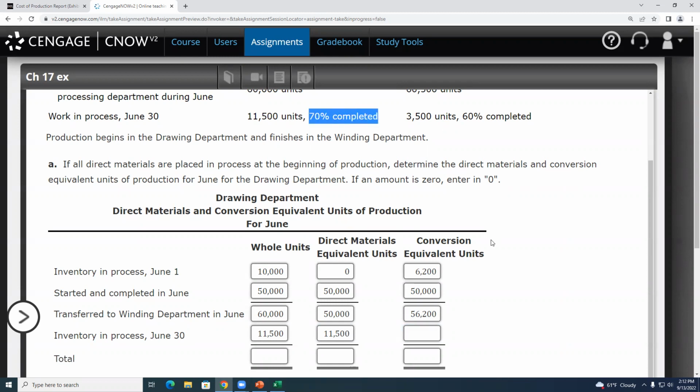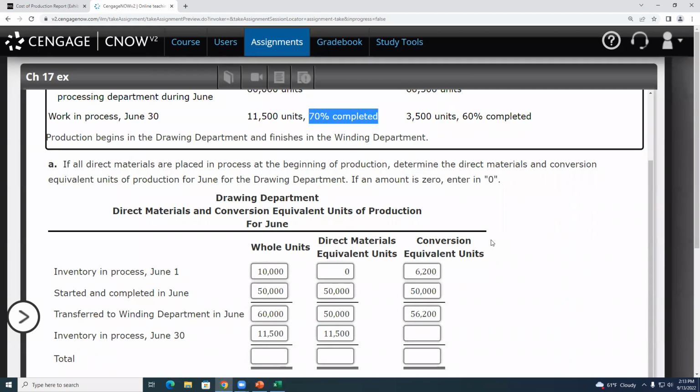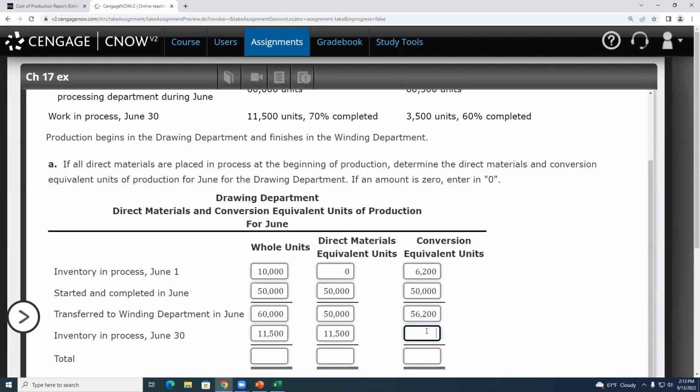So up here at the top of my screen, you can see that those units were 70% complete. We did 70% of the work in June. 70% of 11,500 is 8,050 units worth of work. That's the 11,500 whole units times the percent of the work that was completed this month. That's given as 70%.